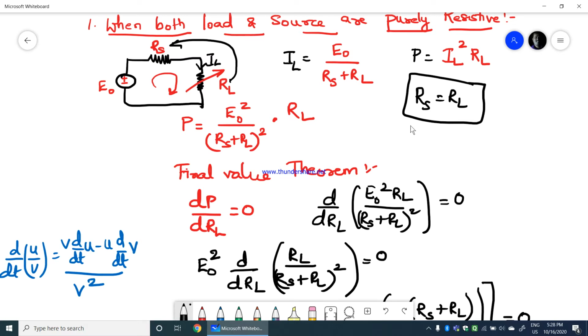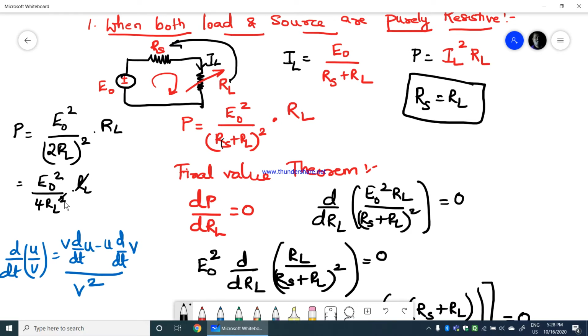Okay. So now if RS equals RL, what would be the maximum power which is getting transferred? In this equation I equate RS and RL, so I get E naught square divided by 2 times RL the whole square into RL, which is equal to E naught square by 4 times RL square into RL.